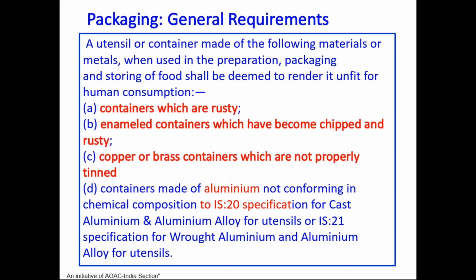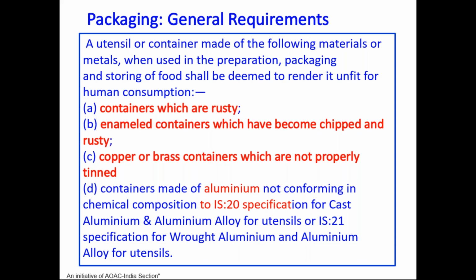Coming to the general requirements for packaging in these regulations, if containers are used to package the material, the food inside will be deemed unfit for human consumption if the container is rusty, especially canned materials, or if it is an enamel container and the enamel has chipped off or become rusty.